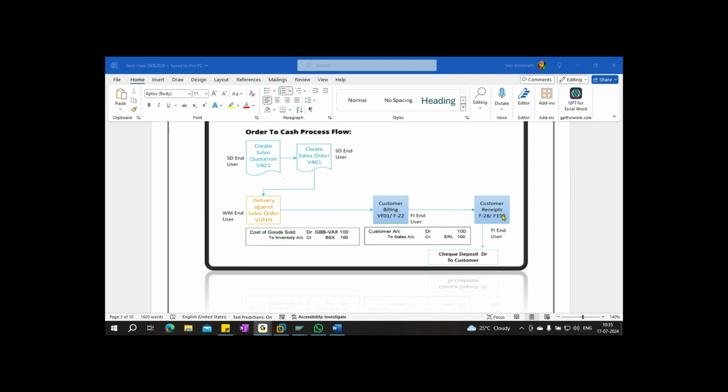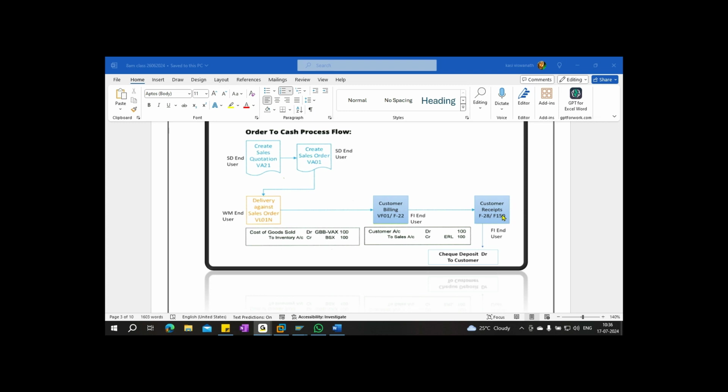They have order methods also. The method is sales auto delivery. So what is auto delivery? One by one. Step one, sales quotation.